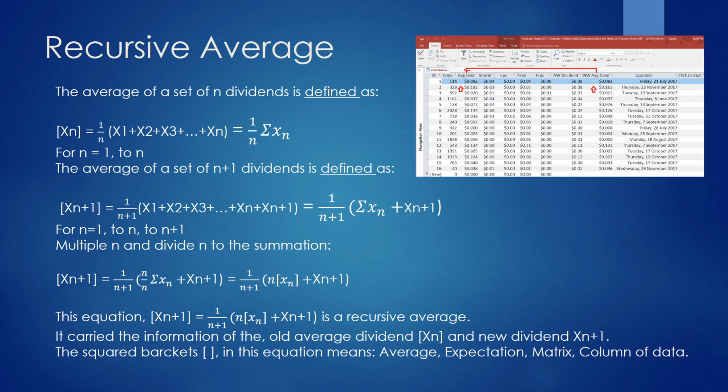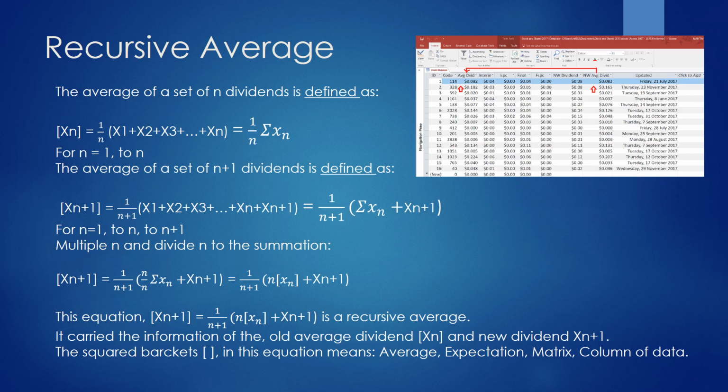The average of a set of n plus 1 dividends is defined as average xn plus 1 equal to 1 over n plus 1 bracket x1 plus x2 plus x3 plus dot dot plus xn plus 1 close bracket, equal to 1 over n plus 1 bracket sigma xn plus xn plus 1 close bracket, for n equal to 1 to n plus 1.